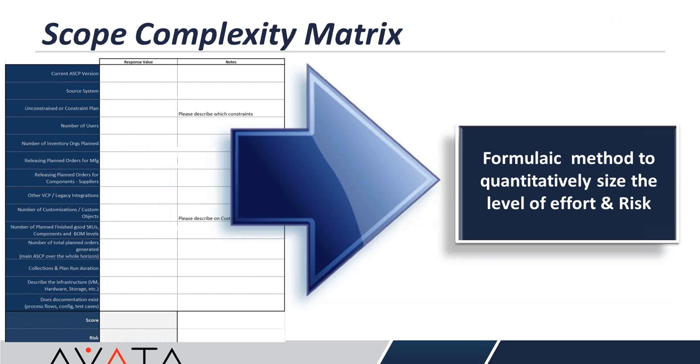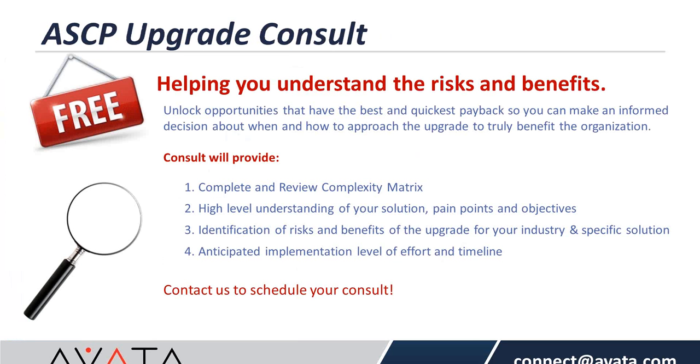One of the things we utilize is what we call our scope complexity matrix. We know exactly what things to ask for, so we would give this to you, and you would fill out the responses, and we have a formulaic way of scoring this and identifying the risk factor, and this helps us determine the level of effort for the upgrade and areas we need to drill into.